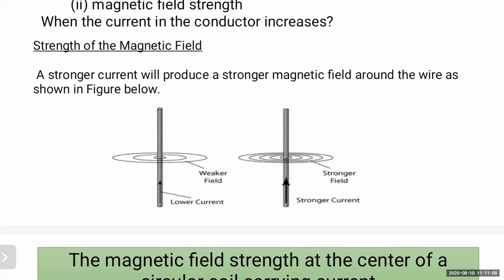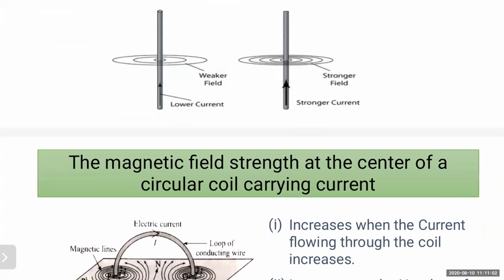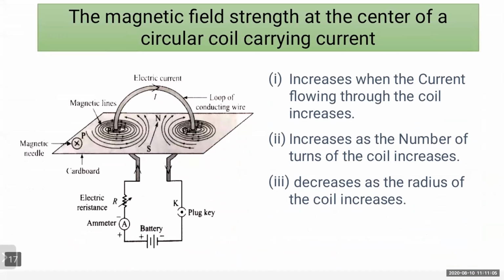Now the magnetic field strength at the center of a circular coil. In the previous slide, we have seen that when the current carrying conductor is in a straight position, the magnetic field shows concentric circles around it. But when the conductor has circular loops, what will happen?